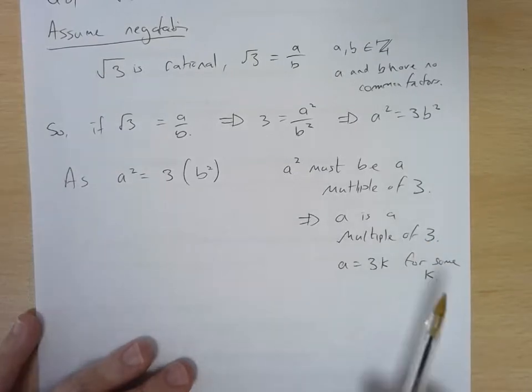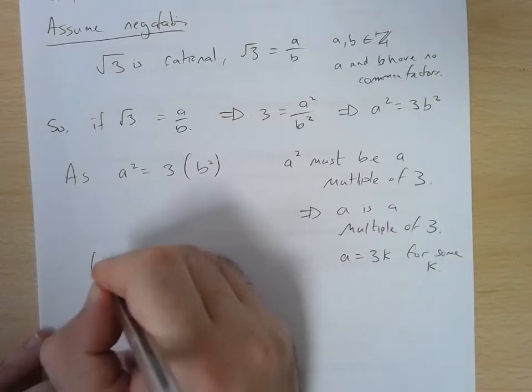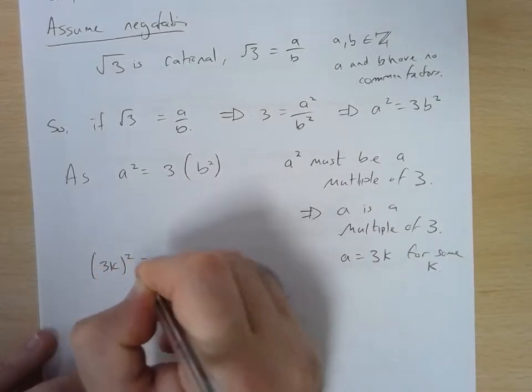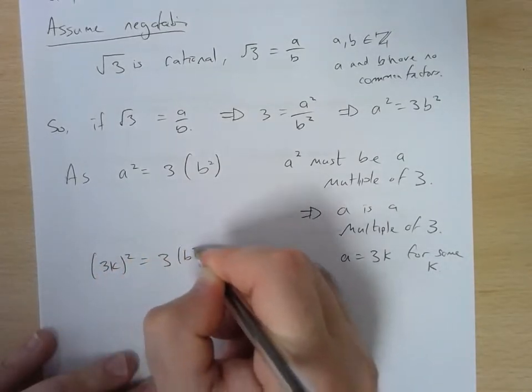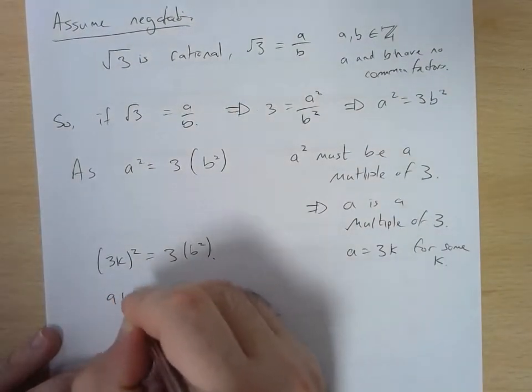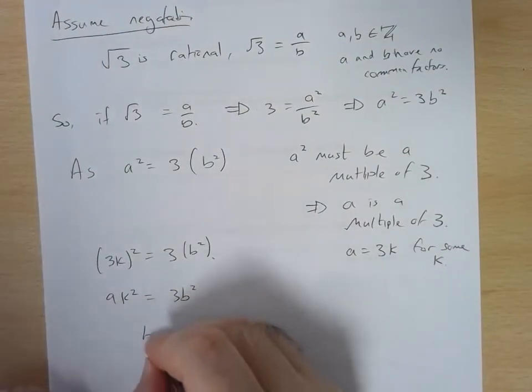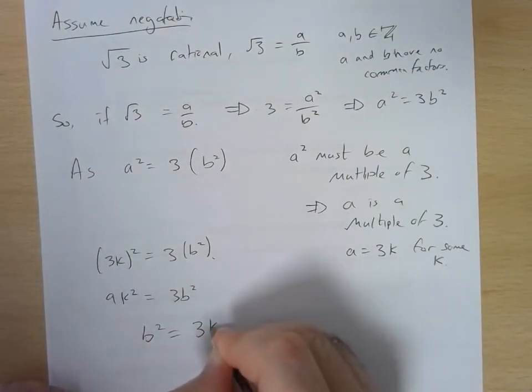So for some k, we can go back to this bit, so we can write out 3k squared is 3b squared. Expand this, so we get 9k squared is 3b squared. Divide by that, giving us b squared is 3k squared.